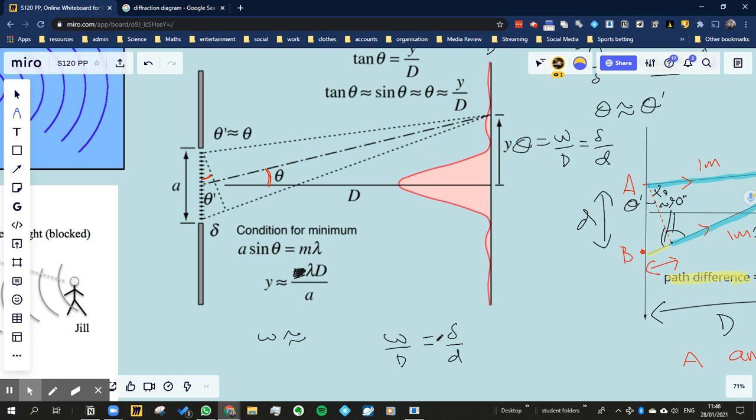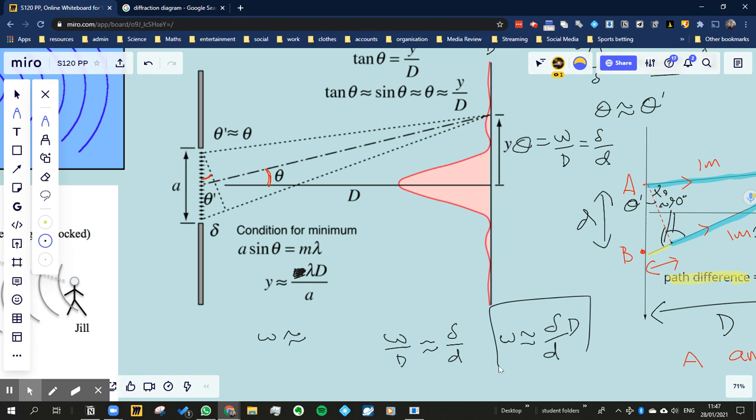We should probably always keep using the curvy equal sign to remind ourselves that we are approximating the whole time. And then by rearranging it, W is roughly equal to that over d, multiplied by capital D. Because their W is Y and their little d is an A, it's the same.